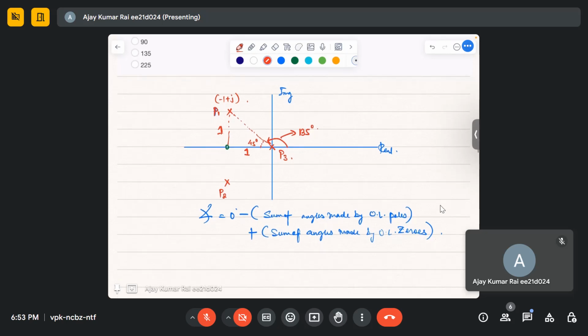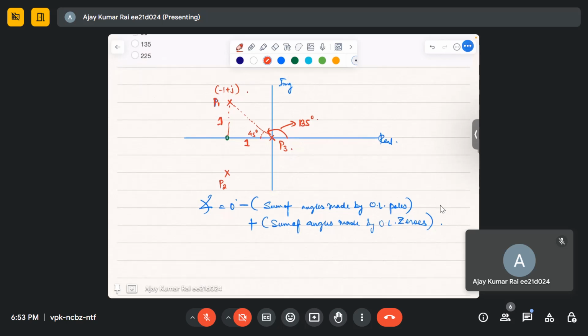So let me write 0 minus, one angle is 135. The other angle is made by p2 to p1. This angle is 90 degree, very straightforward.